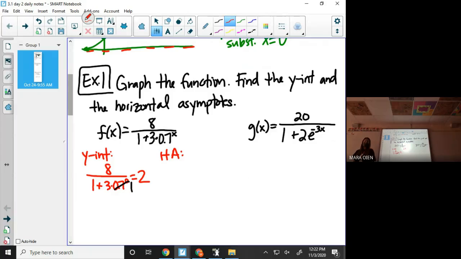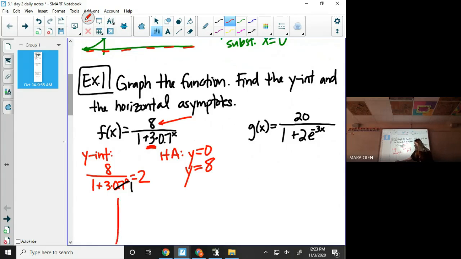Do not get confused with our exponential equations. In our exponential equations, our a was our initial value. This is not my initial value, even though it kind of looks like it could be. And so you have to actually plug in 0. My horizontal asymptotes are 0 and 8, whatever that top number is there.